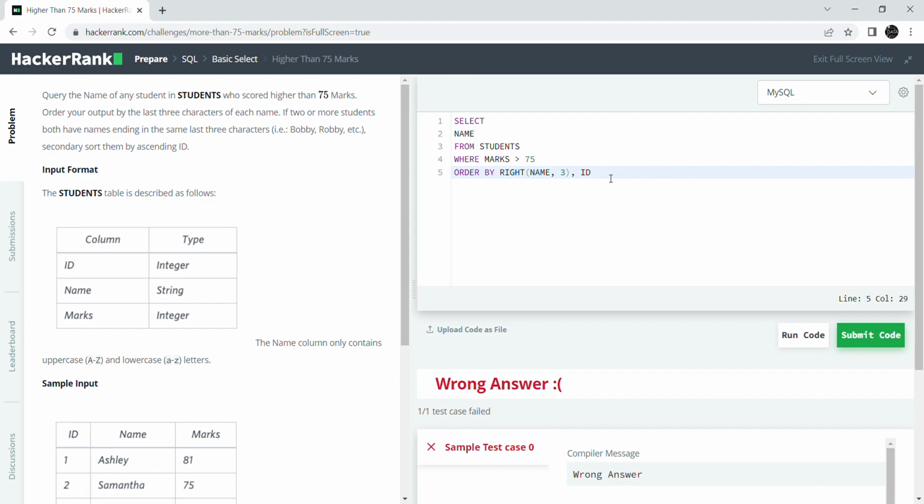If the question had told us to sort by descending order of ID, we would need to explicitly tell SQL to sort descending, and we would have written DESC, but that is not the case here. So let's run this code.